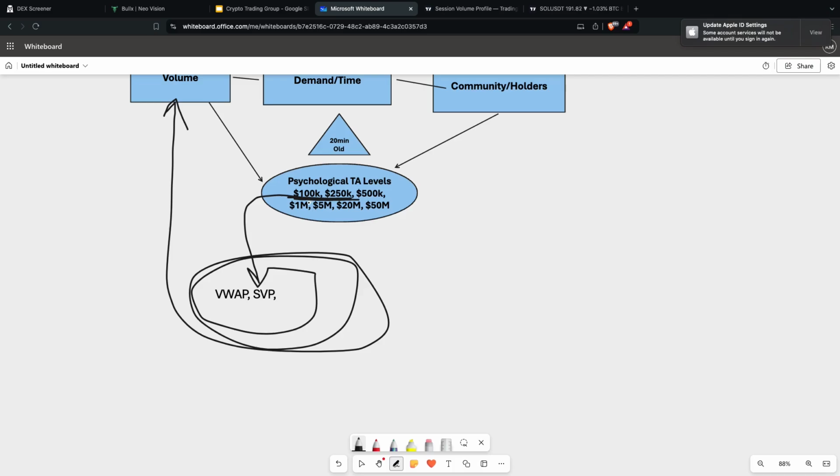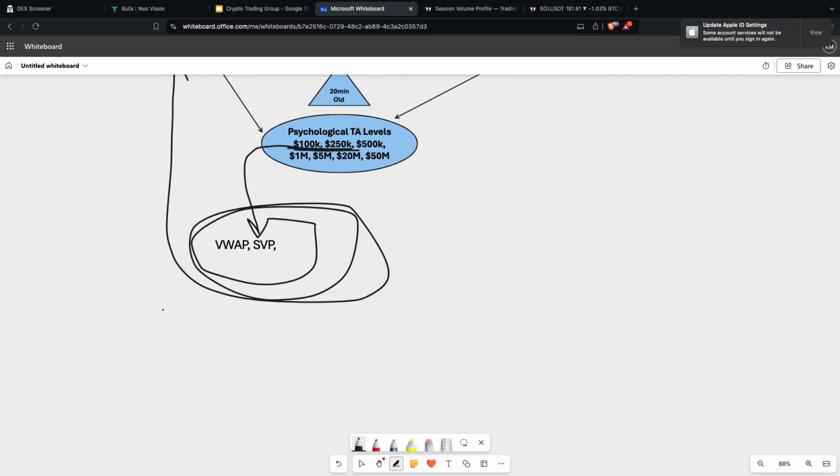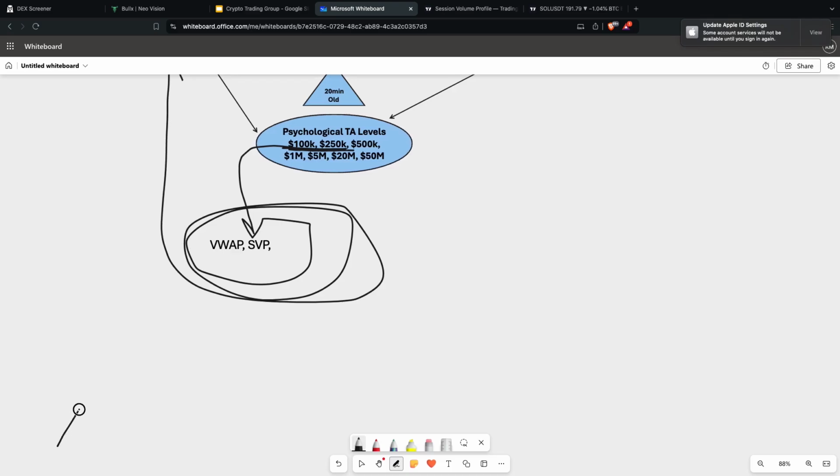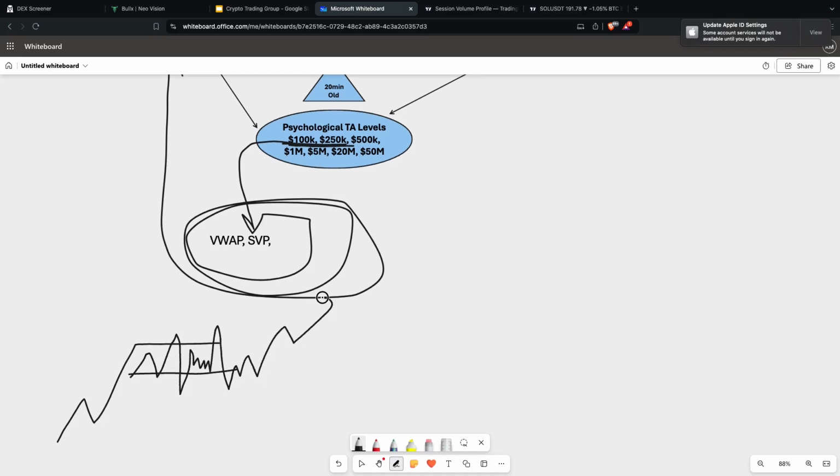So the first thing you need to understand is that when a coin is very bullish, it will do this structure, then have a bearish flag type of pattern where the price does that, it does that, and then eventually it either breaks out to the upside, goes to either psychological levels, or breaks down.